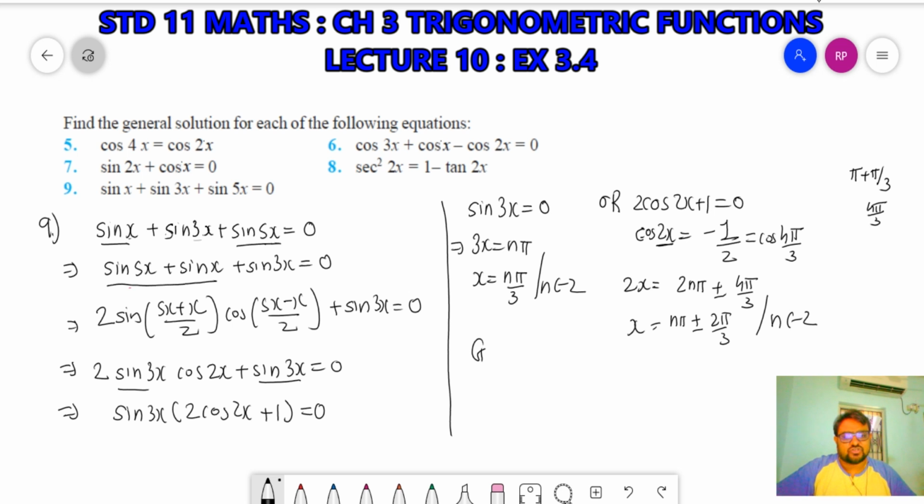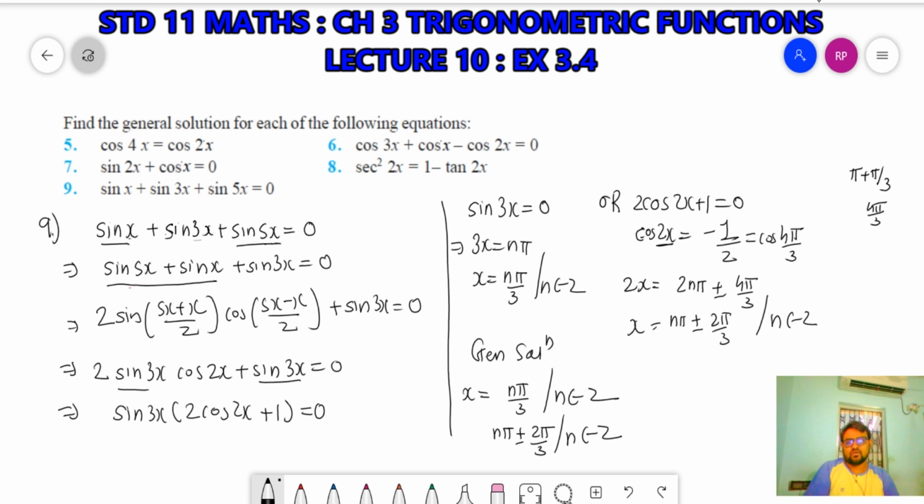Okay, so the general solution is x equal to n pi by 3 such that n belongs to z, or n pi plus minus 2 pi by 3 such that n belongs to z. Okay, so this was question number 9. Just note it down.